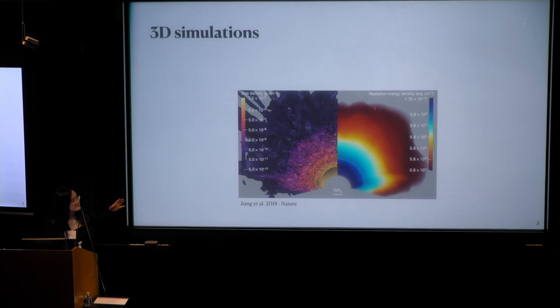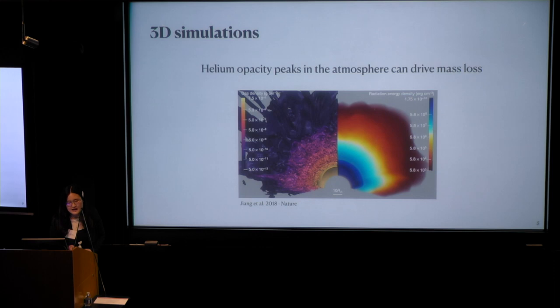This is a 3D simulation of a sliced wedge of the star. You note that at the photosphere, in the purple region, there are big plumes, right? So it's a very not spherically symmetric system in 3D. The main conclusion in these 3D simulations is that helium opacity peaks in the atmosphere can drive mass loss. These opacity peaks occur in the purplish region where the temperatures are cool enough for helium to recombine.